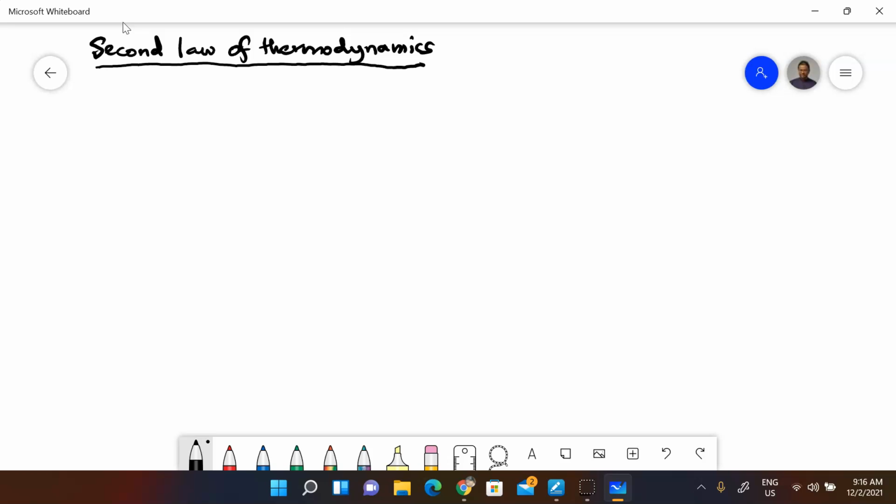So the entropy itself, we have already seen entropy in terms of this formula, where W is essentially the number of accessible states for the system.